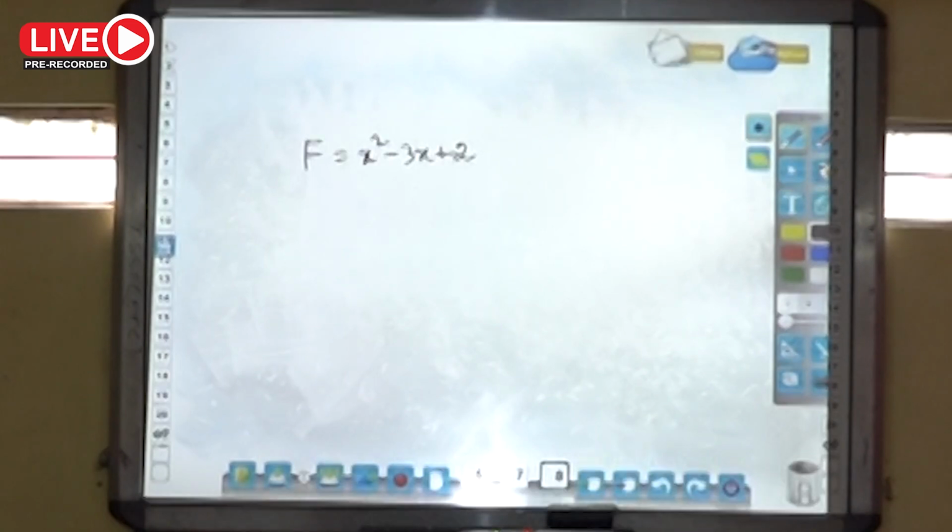f is equal to x square minus 3x plus 2. Then df/dx equal to 2x minus 3. Then you have to set df/dx equal to 0.